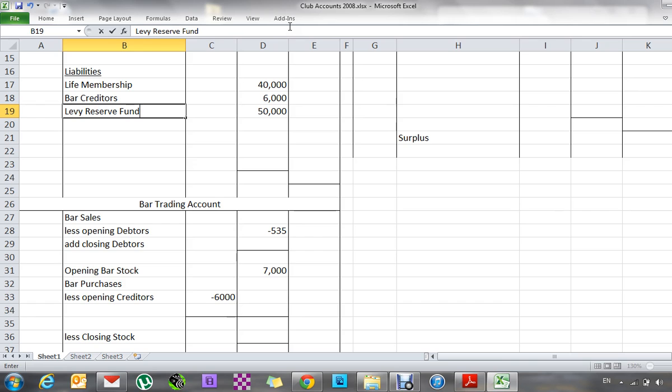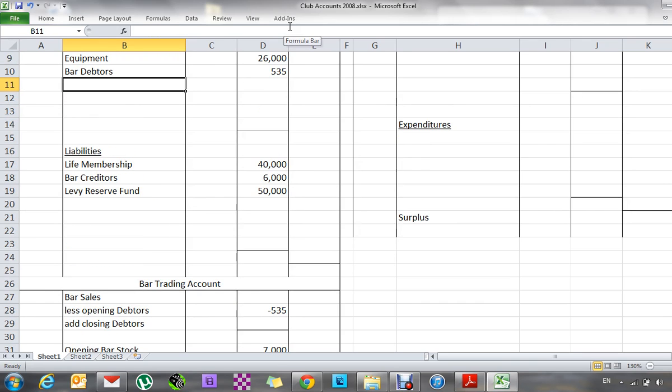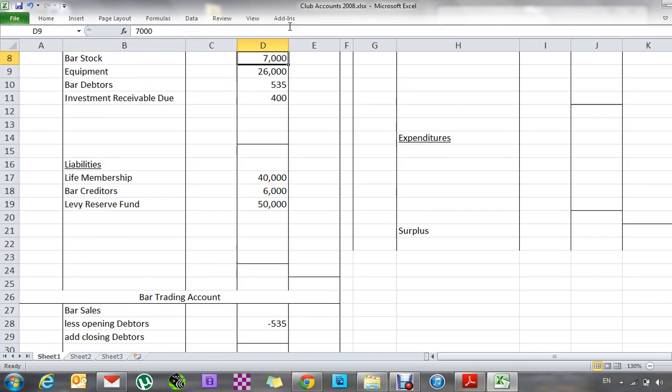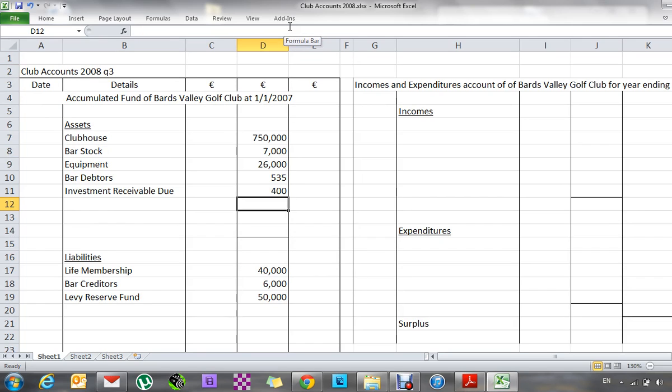Investment interest receivable due, so that's money owing to us, so I'll put that up here as an asset. $400. Now that would mean to me that we must have also had an investment, so I'm going to write in investment.